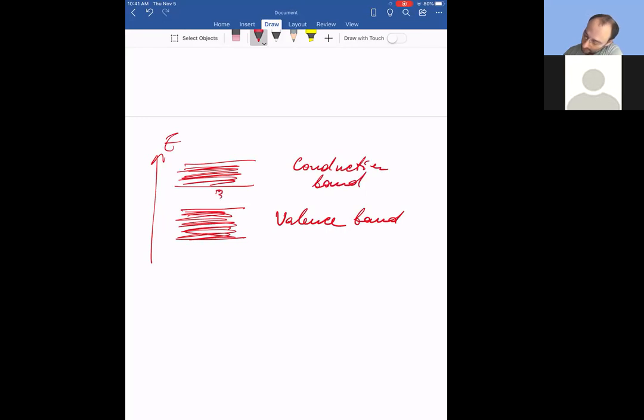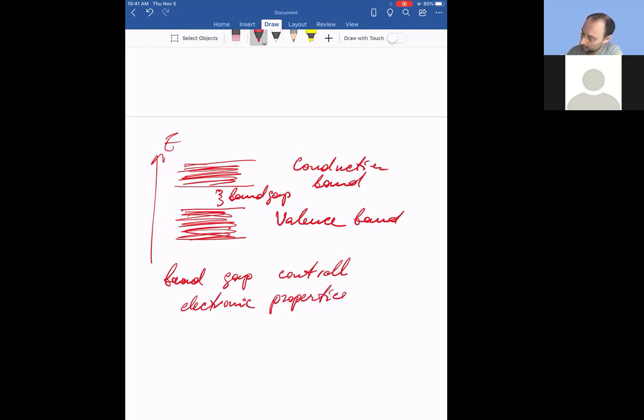And this is called the band gap. This is discussed in modern physics too, but the band gap controls the electronic properties of materials.